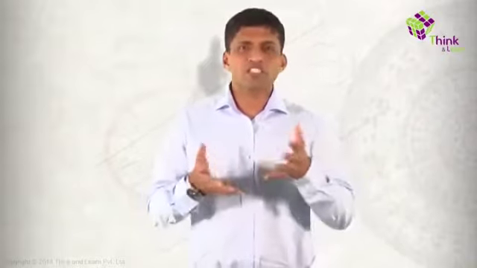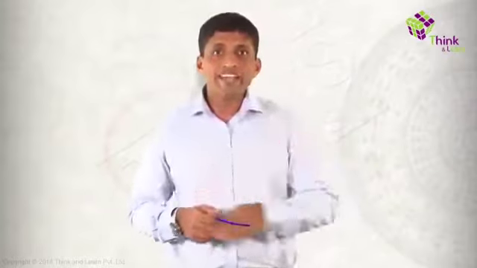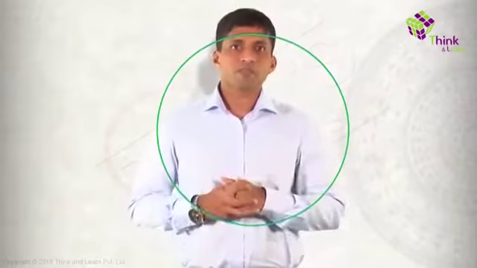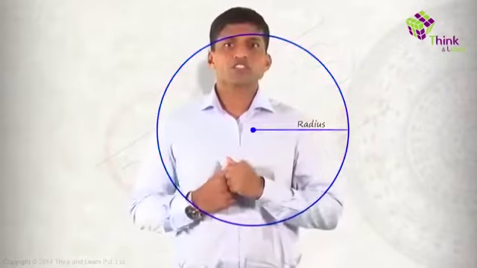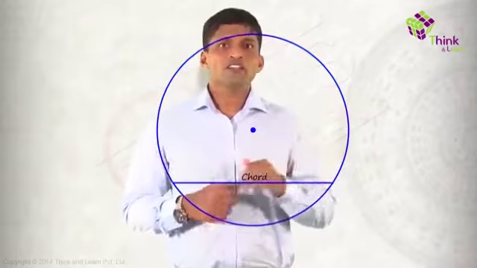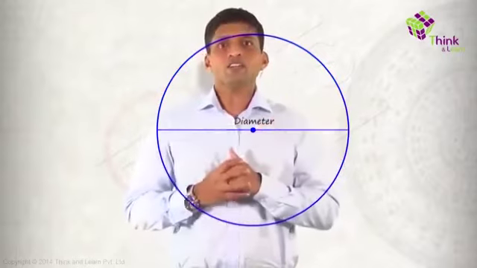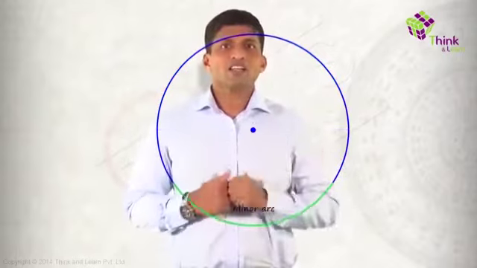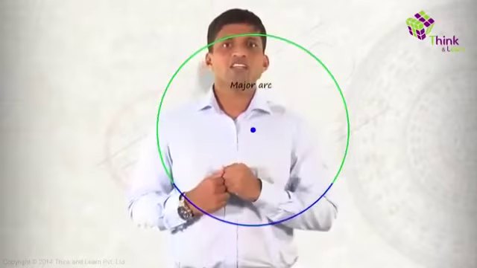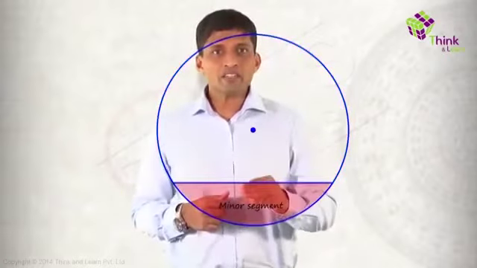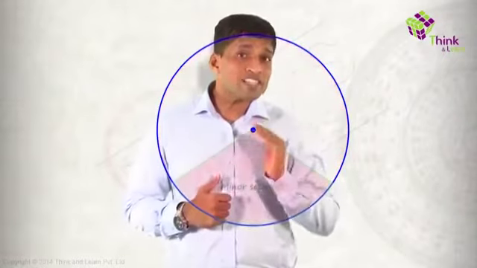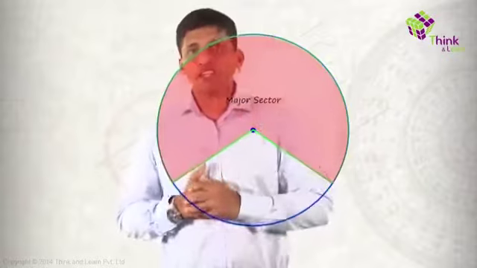Just to put all these names on a single screen so that you know it's very simple. This is just revision. Take a circle. Let's visualize the circumference, radius, chord, diameter, minor arc, major arc, minor segment, major segment, minor sector, and major sector.